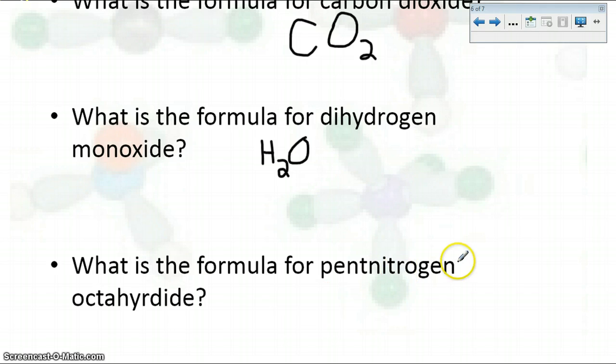Pent is 5, and we have nitrogen, so that's N5. And then we have octahydride. Hydride is H, and then octa tells us that it is 8. So N5H8. And that's all there is to covalent naming and covalent formulas.